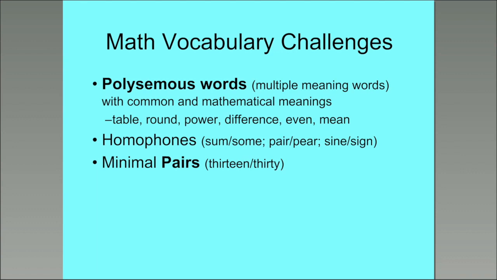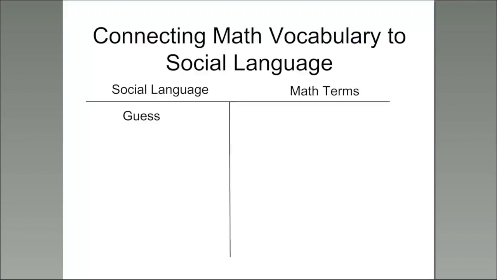A fourth vocabulary challenge is the difference between social and academic language. We're going to look at some of these terms right now and see how our social language can actually support their mathematical understanding. So as we look at the social language term of guess, students may know that.